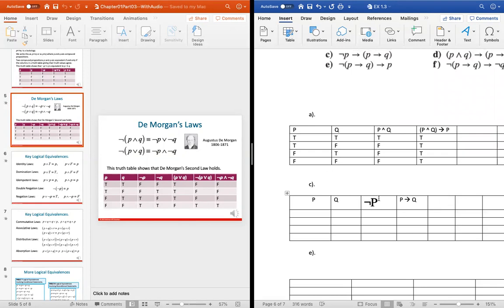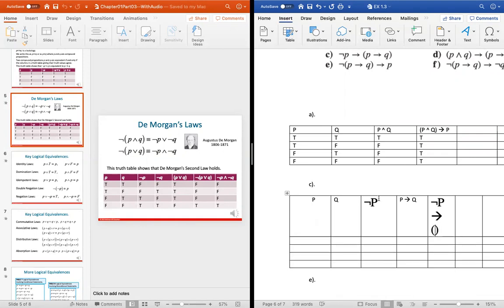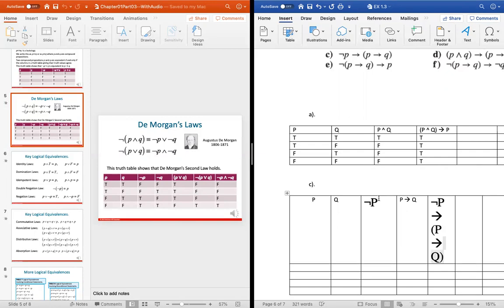And then we have this negation P implies Q. Okay, let me just lower the text.